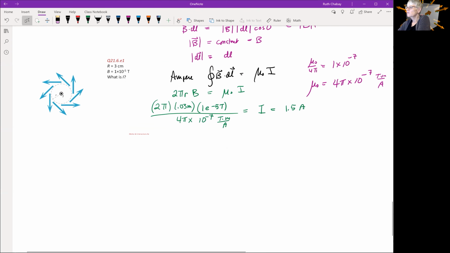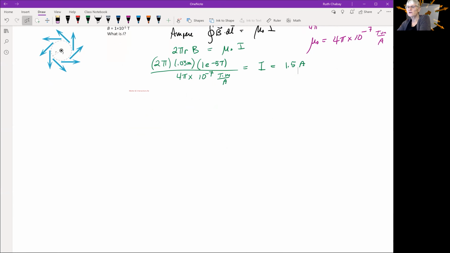A different thing we could do with this is actually derive an expression for the magnetic field of a long straight wire. Remember that we did this using the Biot-Savart law. So in chapter 17, we used the magnetic field of a moving charge, which was mu 0 over 4 pi qv cross r hat over r squared.